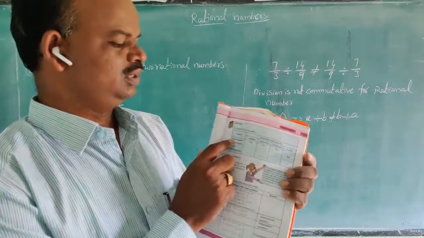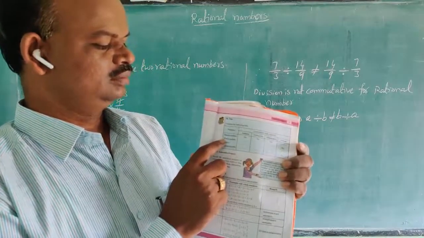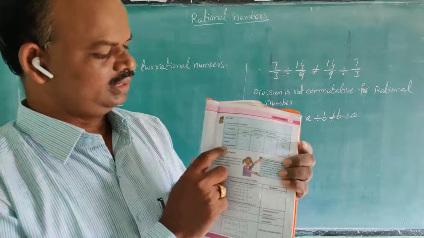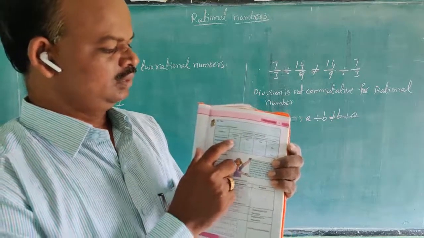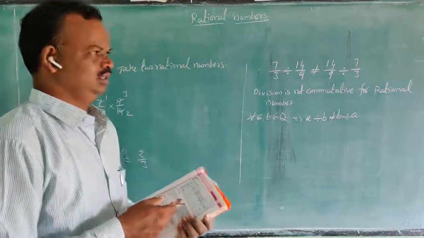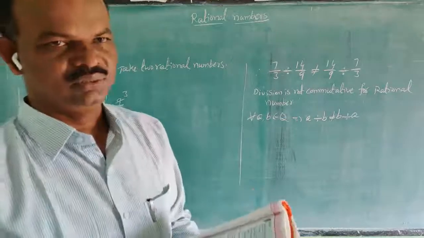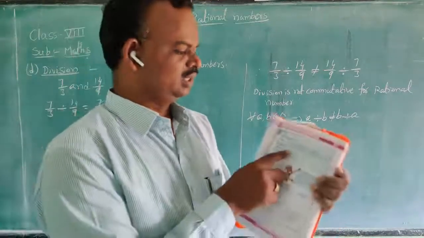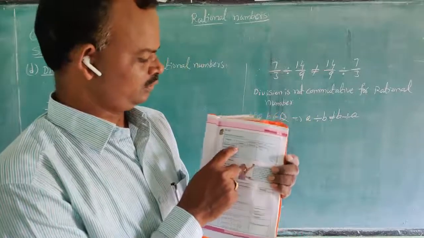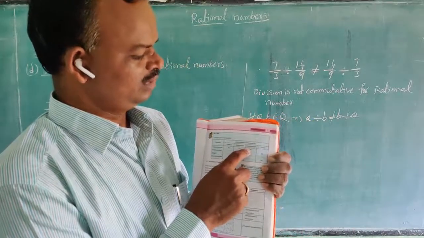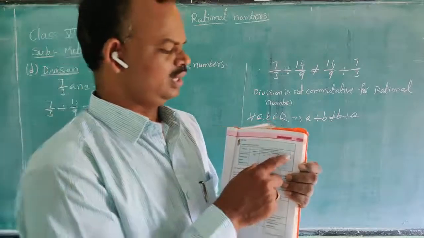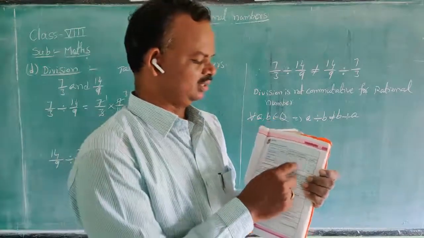Here the numbers are natural numbers, whole numbers, integers, and rational numbers. We will discuss the commutative property, which are satisfied, which are not satisfied. Here addition, yes. Subtraction, no, for natural numbers. Multiplication, yes. Division, blank. You will fill the blank.